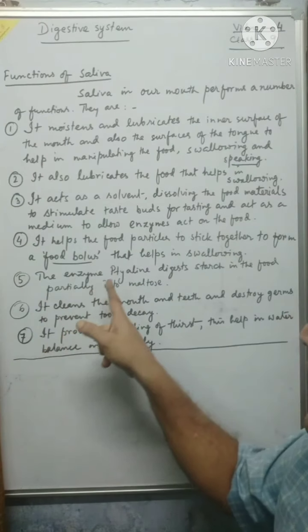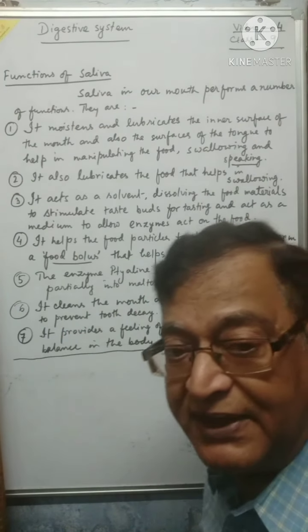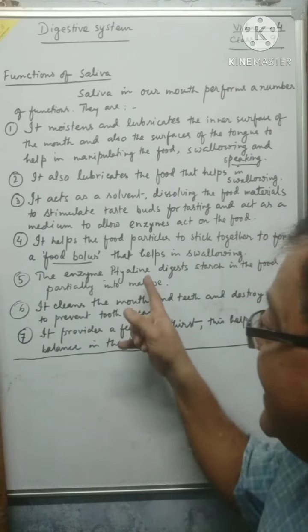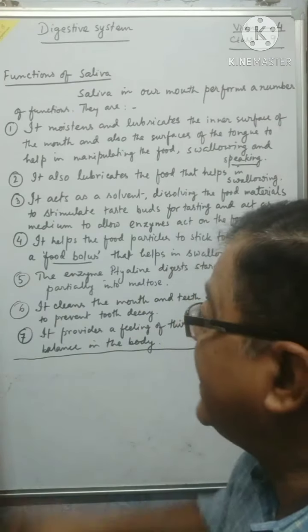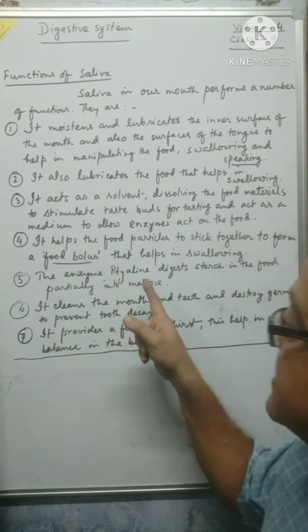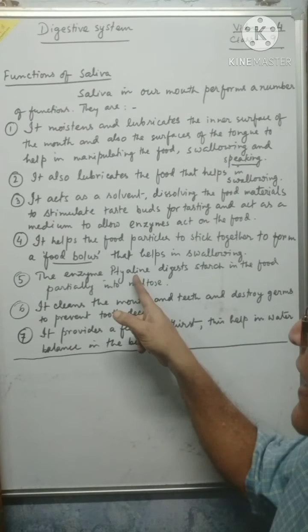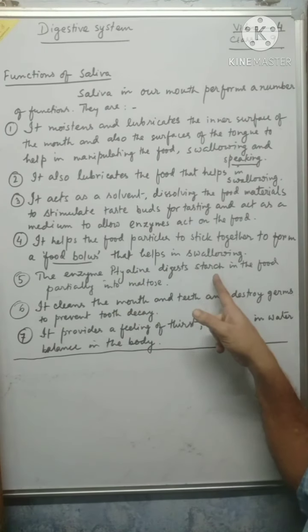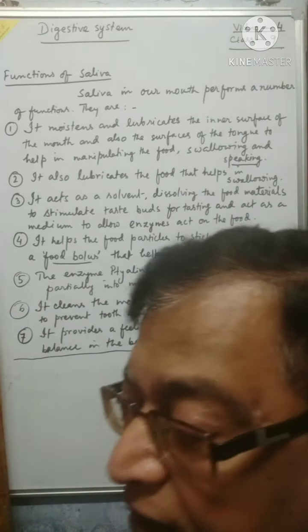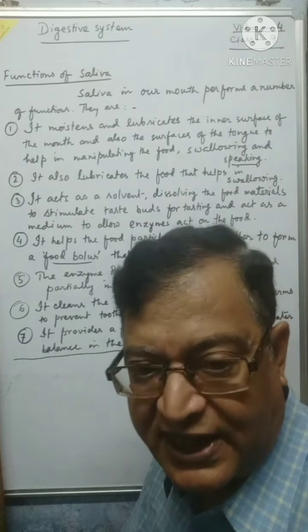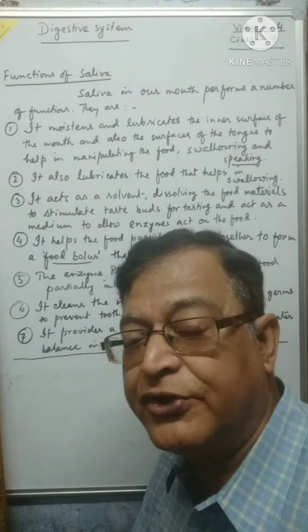And number 5, the enzyme, which has already been discussed in the composition: ptyalin or salivary amylase. Remember the name, any one of these two, salivary amylase or ptyalin, silent P, digests starch in the food partially into maltose. It is a one-step digestion, but that is also not full.